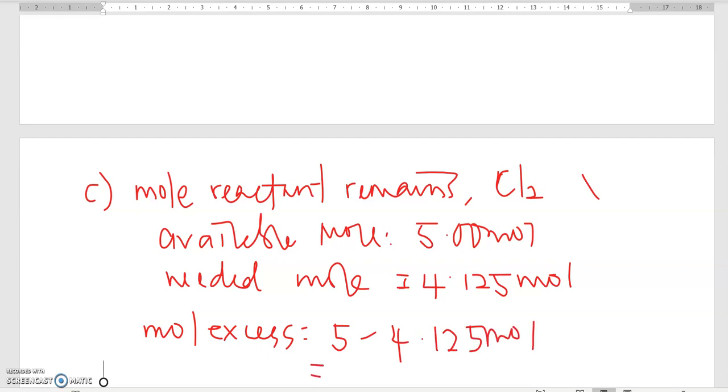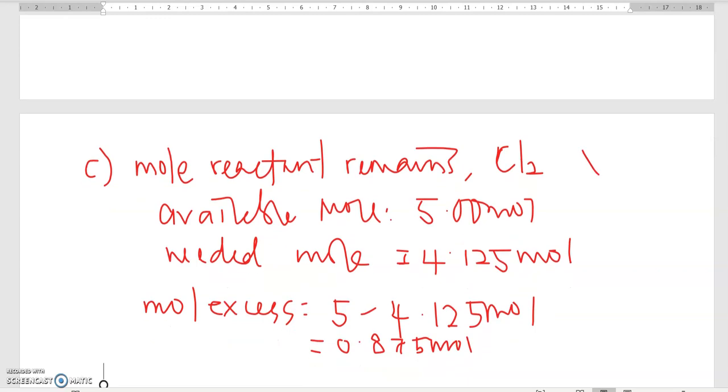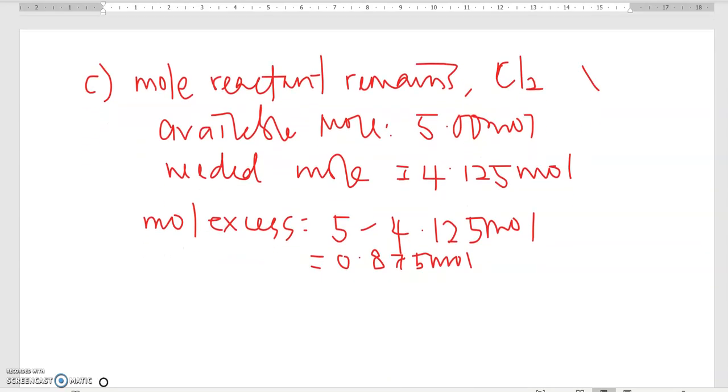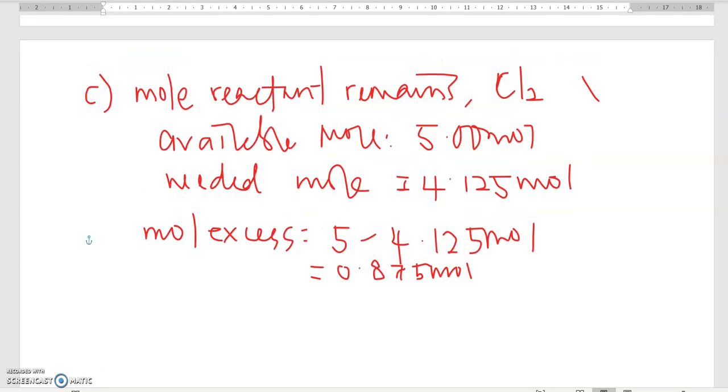So therefore we can find the remaining mole is 0.875. So the question, how many will remain at the end of the reaction? So this is our final answer.